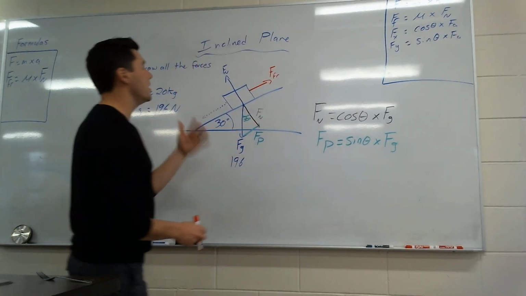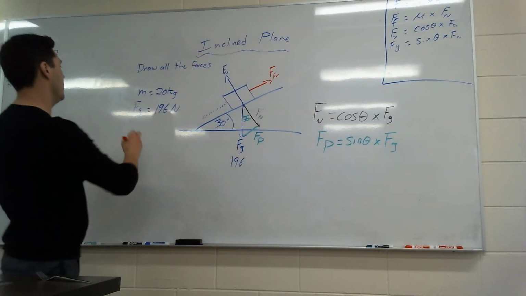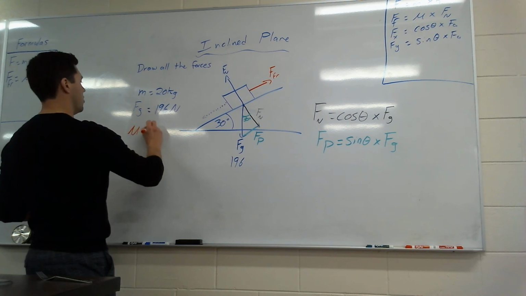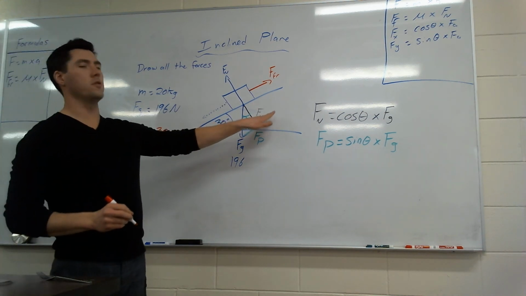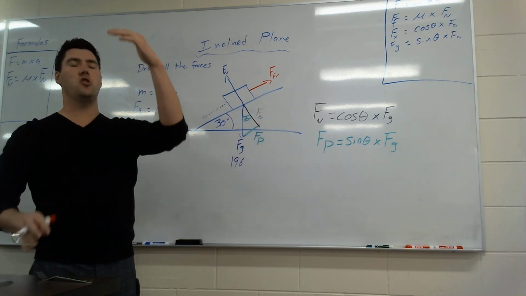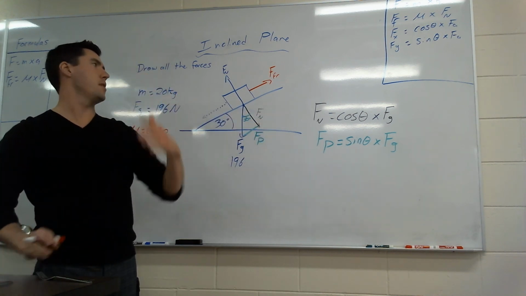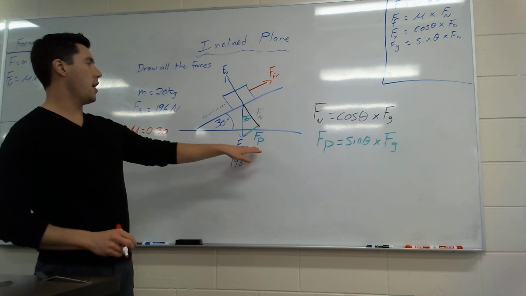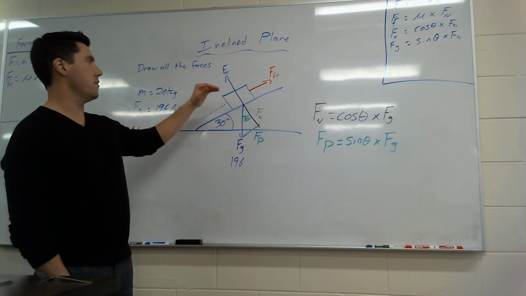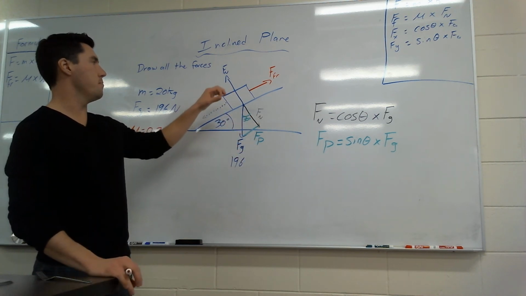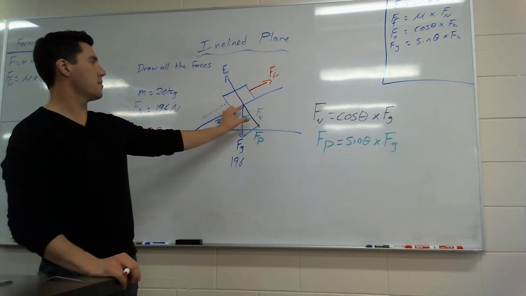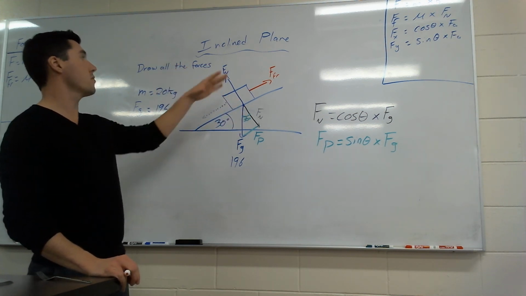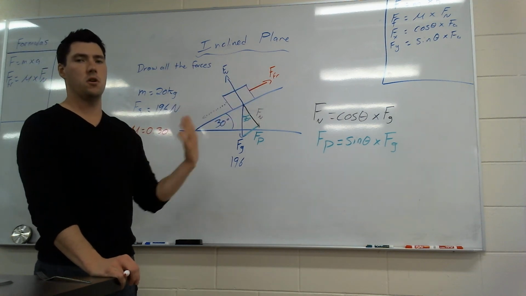So I would have to give you a mu, let's say mu equals 0.30. I give you this, and you have found force normal. And that's what was changing when I was moving the angle up and up and up. Sure, I got a little more force parallel in the sense that gravity was helping the object come down. But as well, my force normal, as you go up, keeps getting smaller and smaller, which means that force of friction gets smaller and smaller.